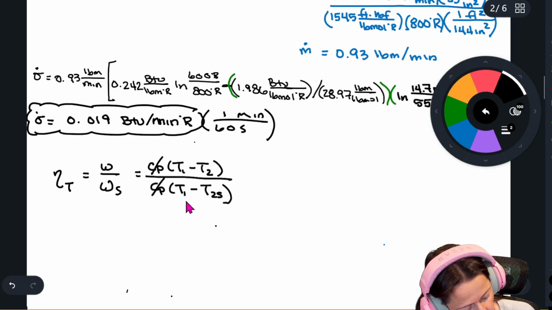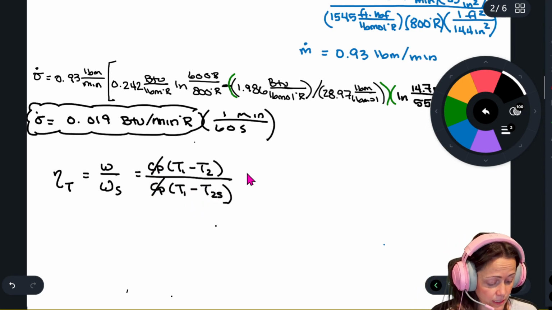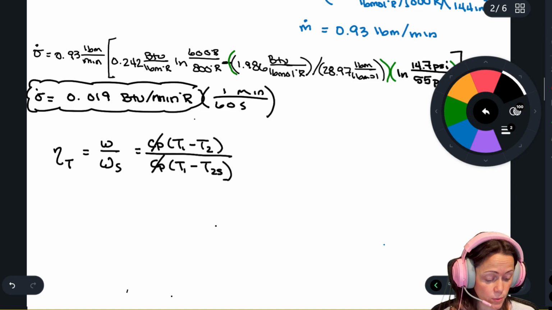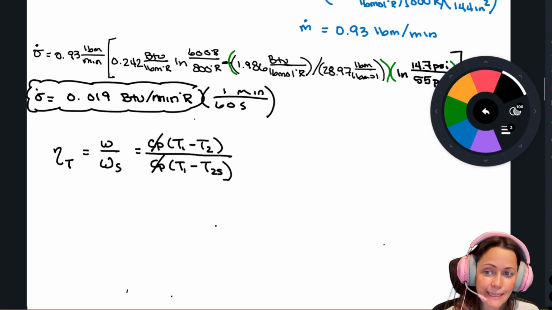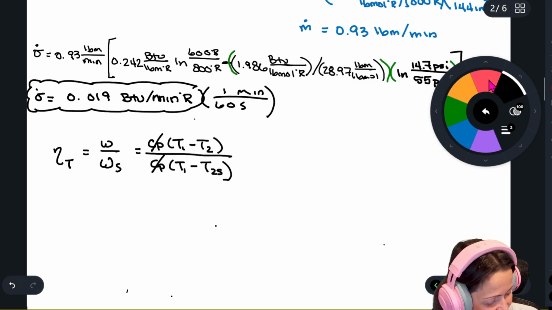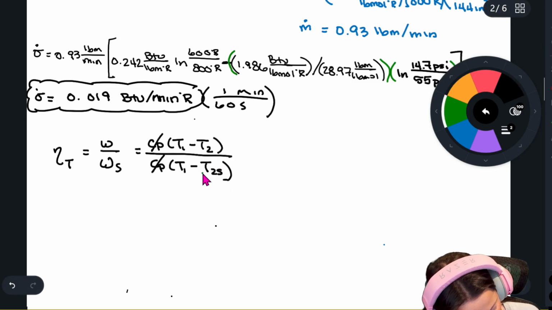Of course, those Cps are going to go away. I have the T1 and the T2, which were given to me, the 800 and the 600 degrees Rankine. So we need to find T2S.